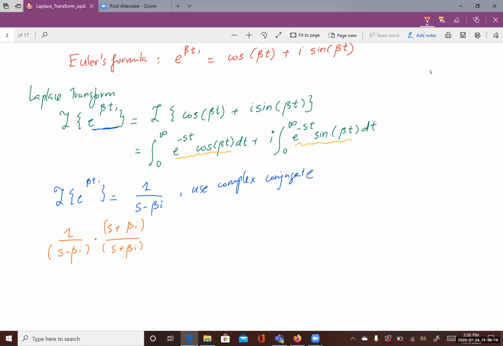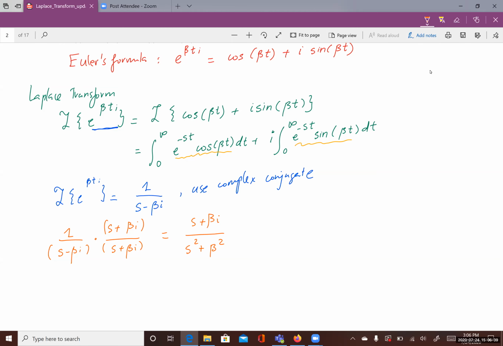Okay, and this will give you s plus beta i over s squared minus beta squared i squared, where i squared is negative 1, and minus negative 1 is a plus, so s squared plus beta squared.